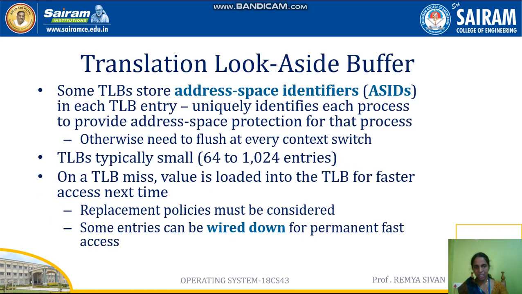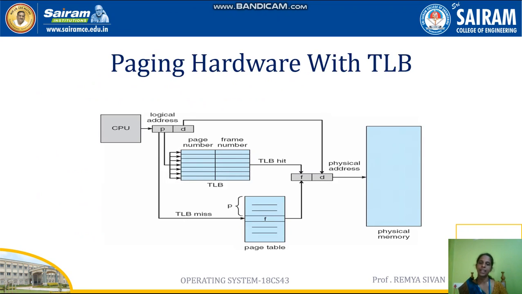Let me explain these two slides with the help of the diagram. This is the enhanced version of our first paging diagram. Here we have included the TLB. The TLB has two columns, one for page number, another for frame number.